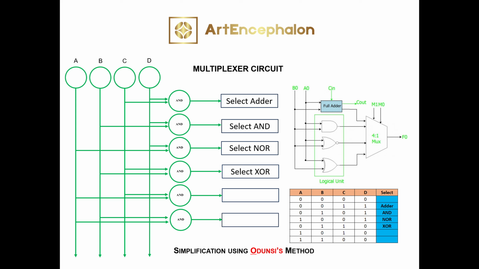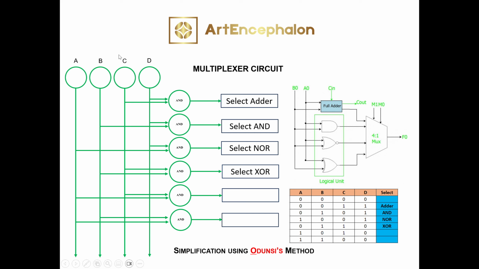If it's a 4 input, using binomial expansion, the highest you can have will be 4 combination 2. That is 4 factorial over (4 minus 2) factorial times 2 factorial, and what you are going to have is 6. 4 combination 2 gives you 6.